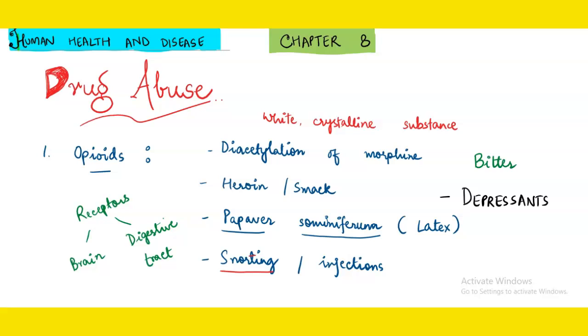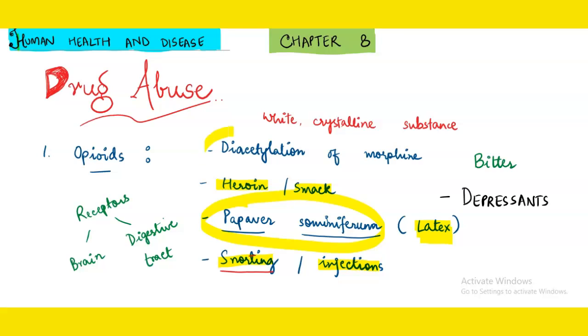So all the points written here are important. A question can come in any form. Like they may ask you, what is the common name of opioids? Then you need to answer heroin or smack. How are they consumed? By snorting or by intravenous injections. From which plant are they produced? Papaver somniferum. From which part of the plant is it taken? It is taken from its milky latex.